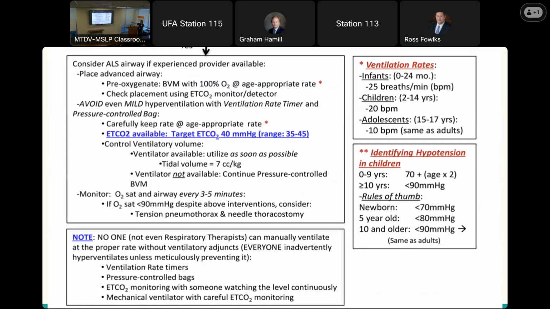Okay, and this is the obvious target, the crux of the study, saying that keeping the end-tidal between 35 and 45, especially around that 40 range.